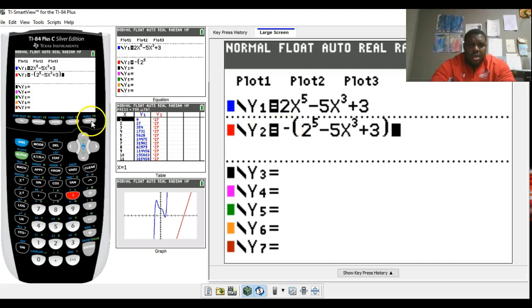Excuse me. Ooh, you know what I forgot? I forgot my x. That would not even have been the same graph. Put x right here. There we go.